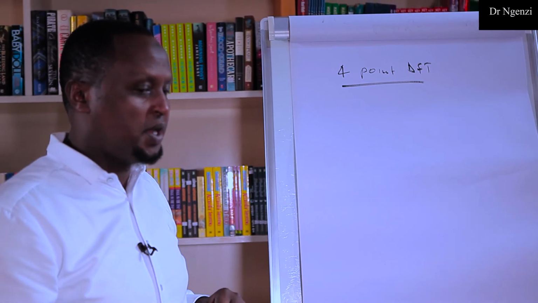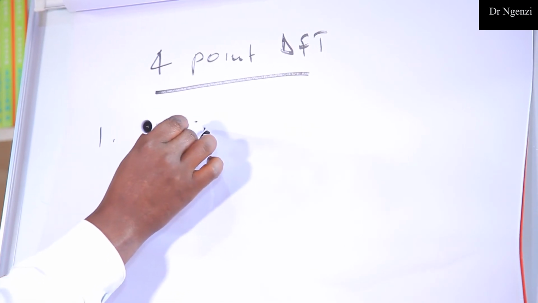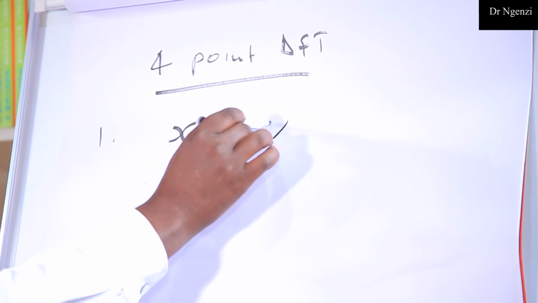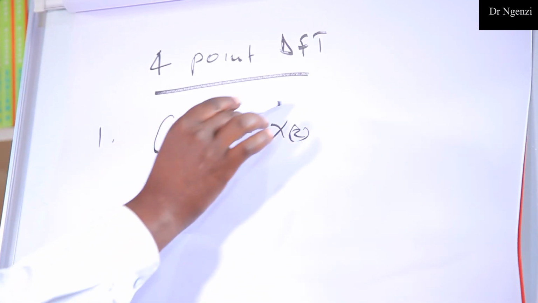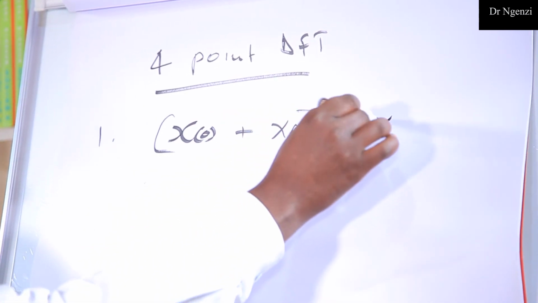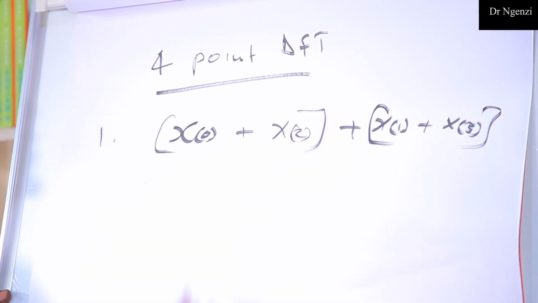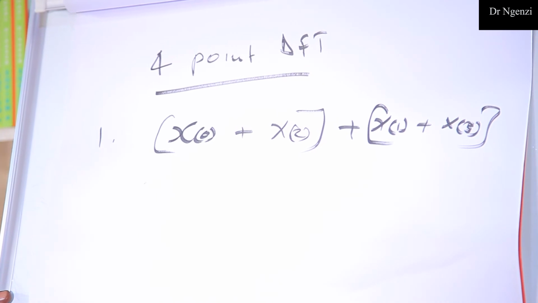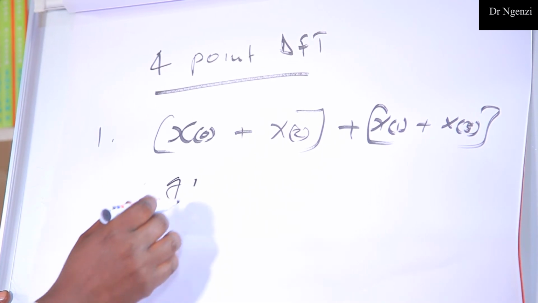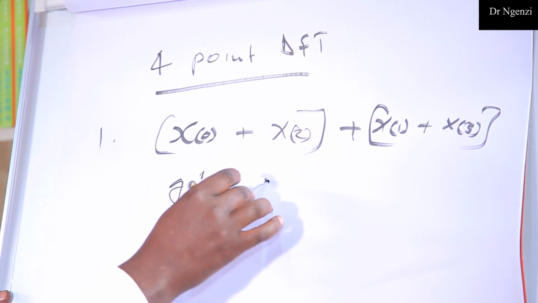But the resultant values that we are supposed to get, number 1, you remember you are going to get x of 0 plus x of 2. These are the even values, for example. Then you take them out. Then you can put, for example, x of 1, then plus x of 3. You take them out. And this is going to be the function. For example, you say function g1 plus g2.